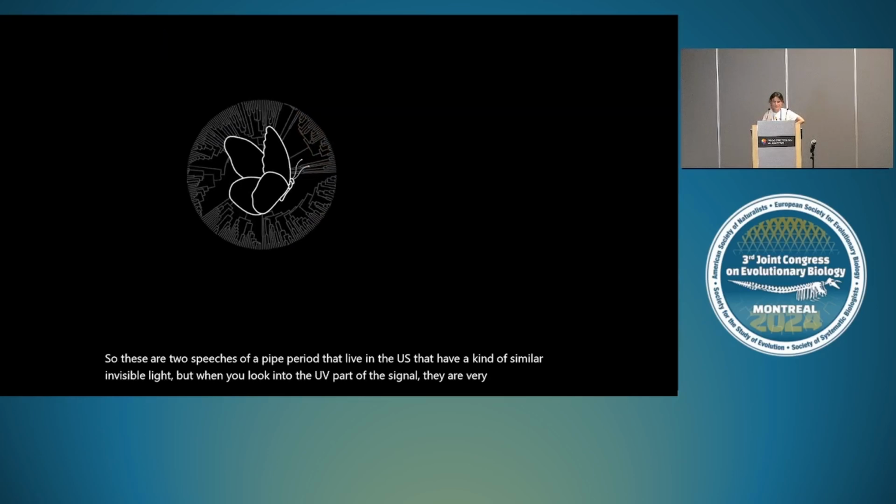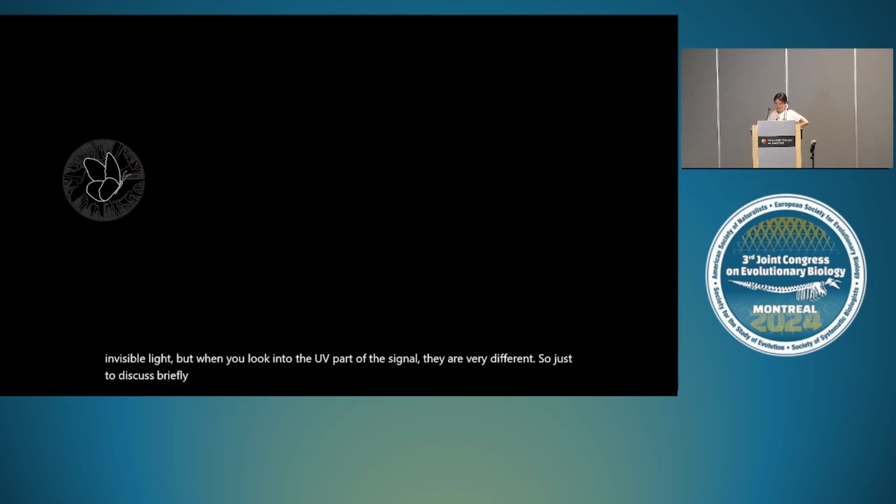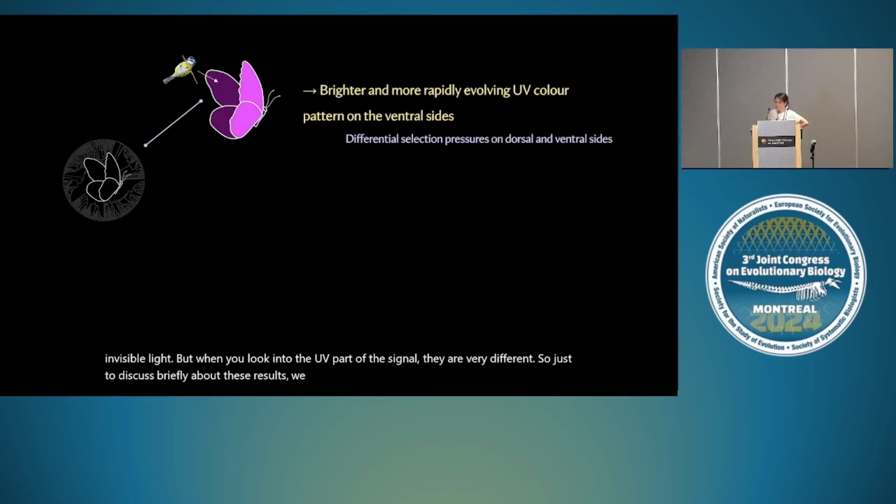So just to discuss briefly about these results, we found brighter and more rapidly evolving UV color pattern on the ventral sides, which points to differential selection pressure on both sides. And because the dorsal side is dimmer and seems to have a more constrained evolution, we hypothesize that it's more impacted by predation pressure.